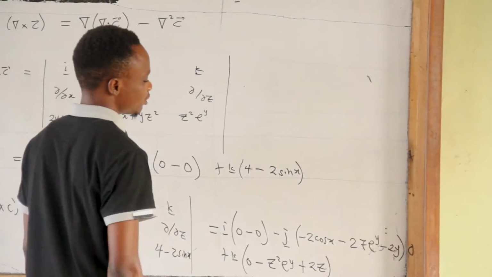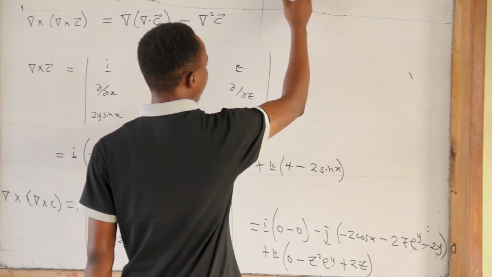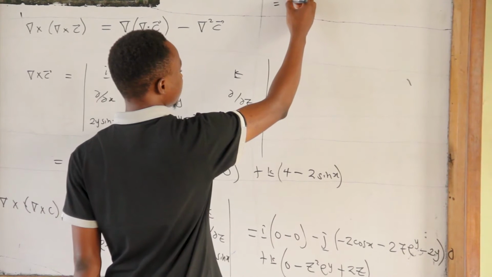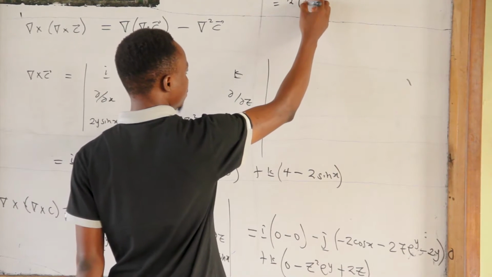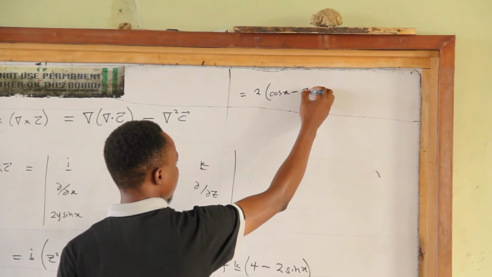Then look at the minus. This is going to be 2. We're going to have 2 into cos x minus z squared.